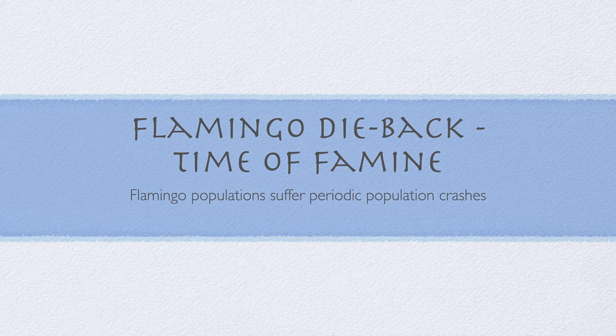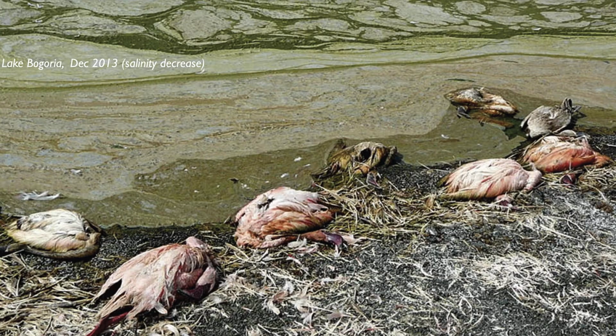And there are times in any breeding cycle, looking at it from a decade-long perspective, where we get episodes of flamingo dieback. And we can think of these as times of famine. These are times when the flamingo population suffers periodic population crashes. And we see many dead birds.